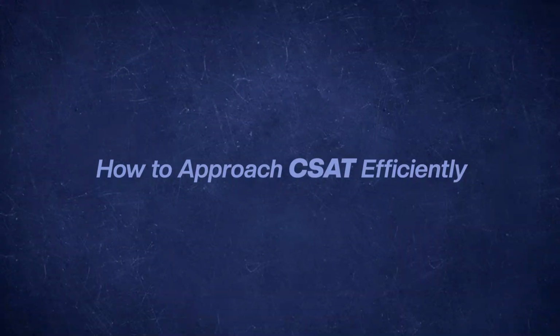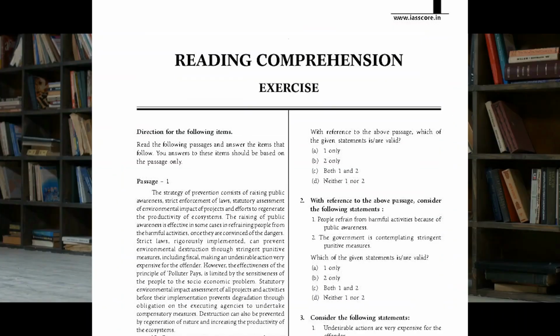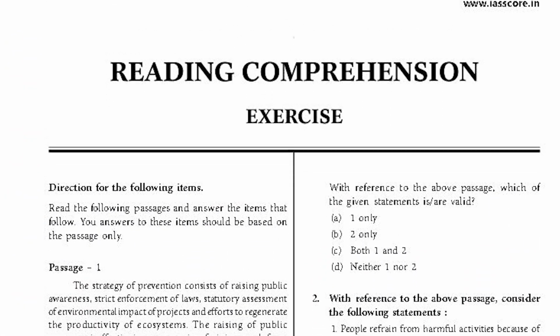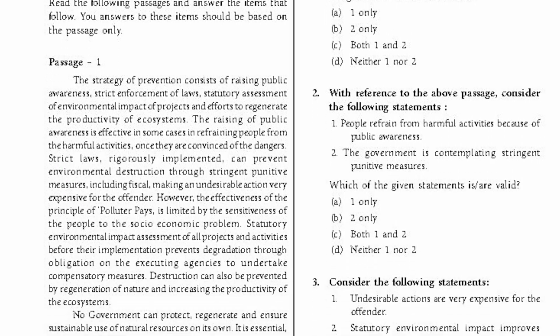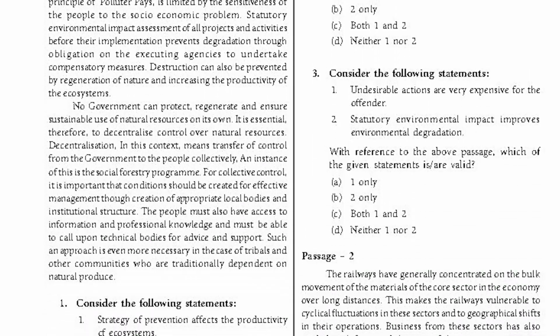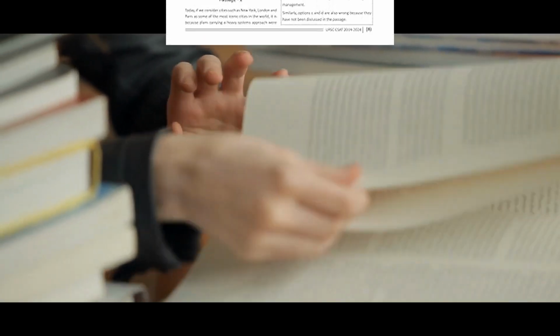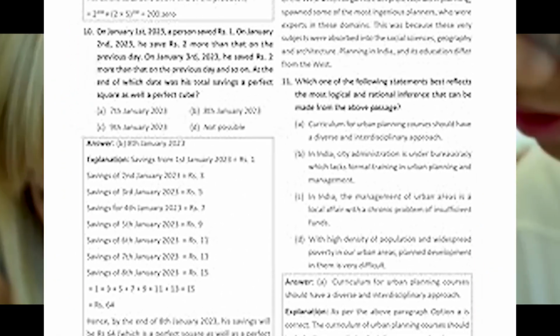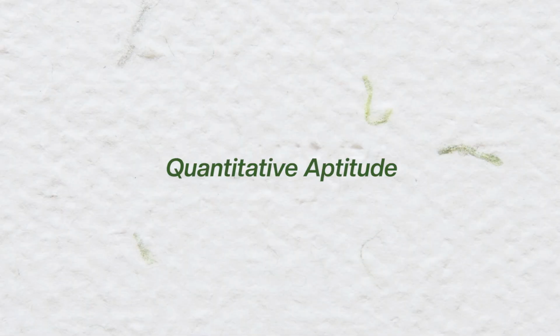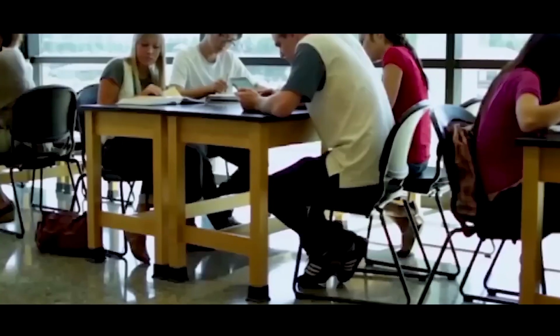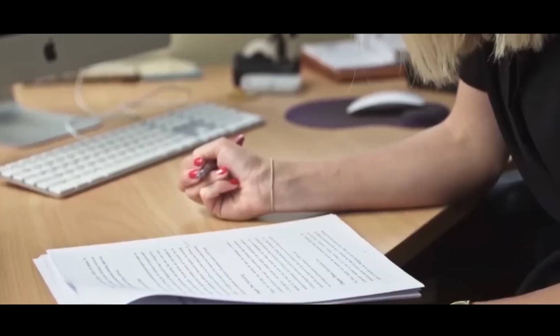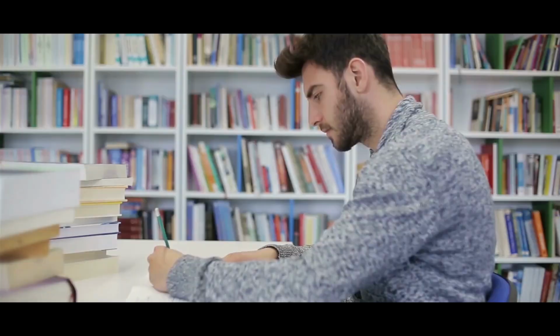And how to approach CSAT efficiently. Reading comprehension mastery: since RCs dominate the paper, that is reading comprehension, practicing different passage types is crucial. Use your previous years' UPSC question papers for that. And quantitative aptitude: focus on high weightage topics like percentage, profit and loss, ratio, and number series, etc., instead of attempting everything.